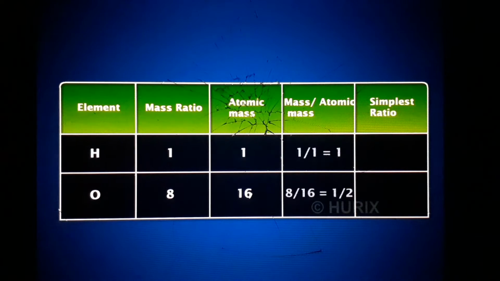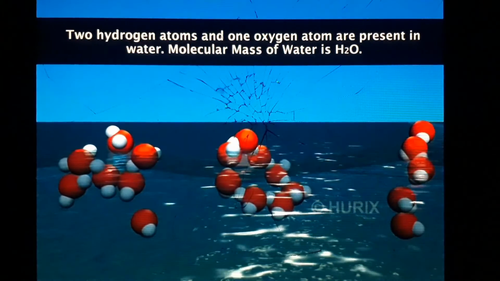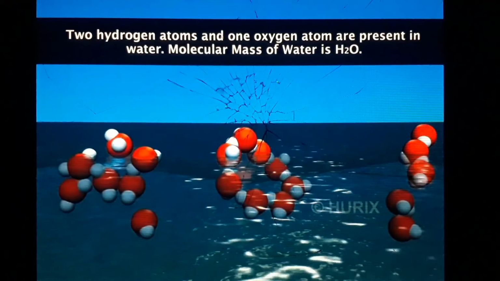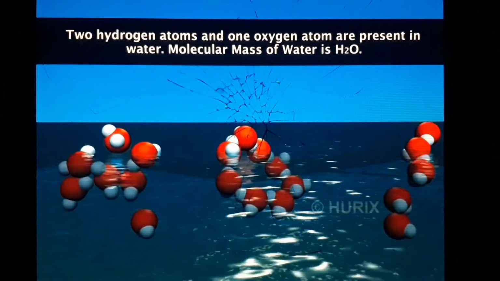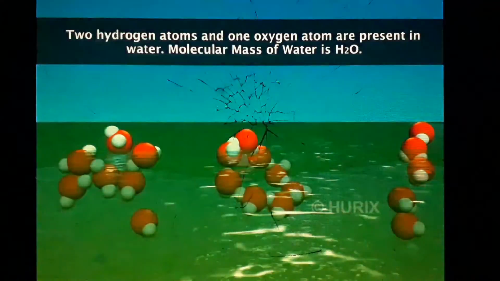When these masses are divided by their respective atomic masses and converted into whole numbers by multiplying by 2, we get the simplest ratio. Now we can derive the ratio for hydrogen and oxygen as 2:1, and hence the molecular formula for water is represented as H2O.